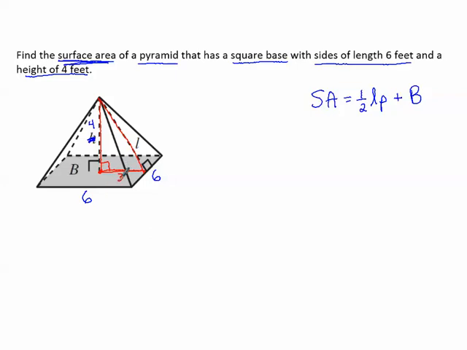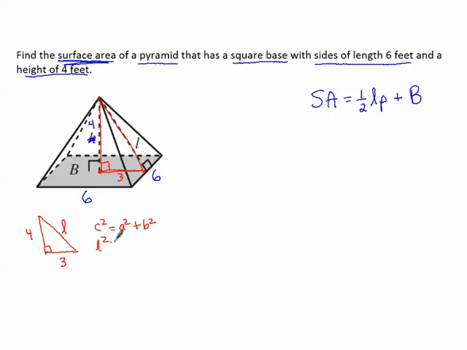So that's going to be 3. So recall in our Pythagorean theorem, I'm going to draw this triangle separately, where we've got 4 on this side, 3 on this side, and this is L. We can use the c squared equals a squared plus b squared, where c is the hypotenuse.